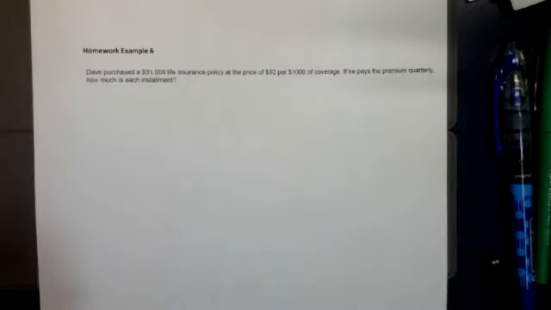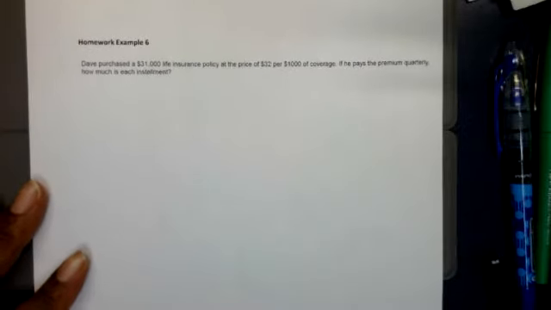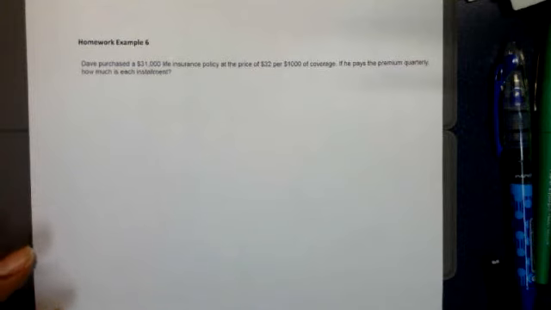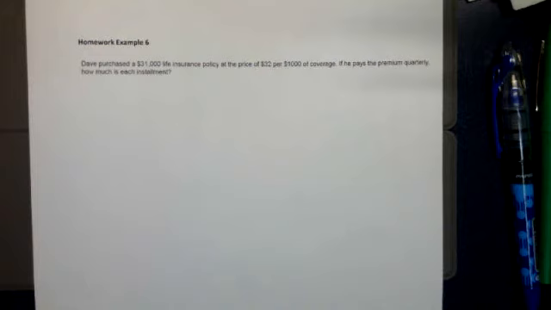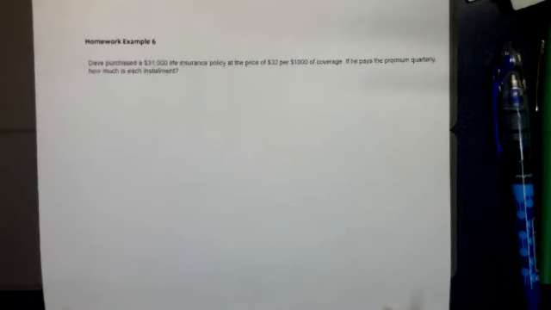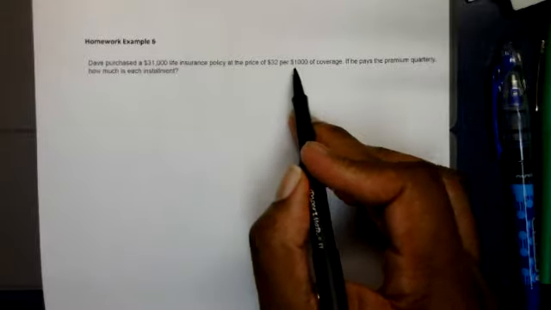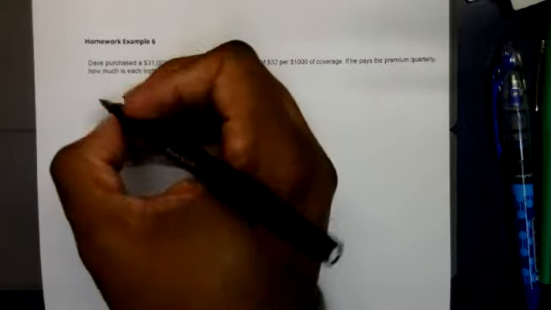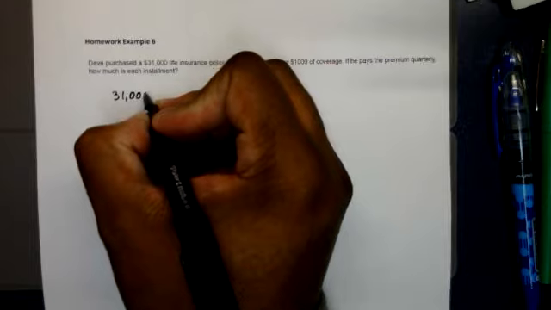And the last example on the final page is: Dave purchased a $31,000 life insurance policy at the price of $32 per $1,000 of coverage. If he pays the premium quarterly, how much is each installment? All right, so now $1,000 of coverage, and we have a $31,000 purchase.